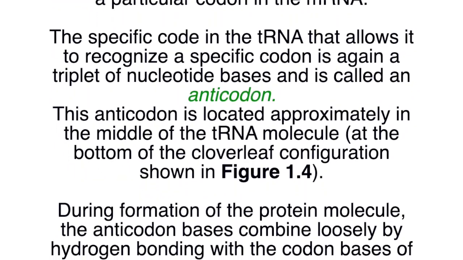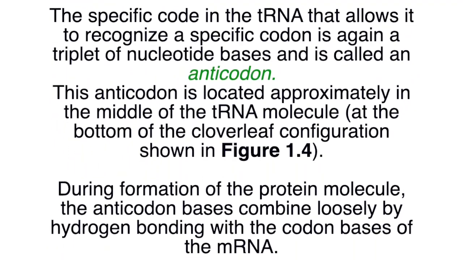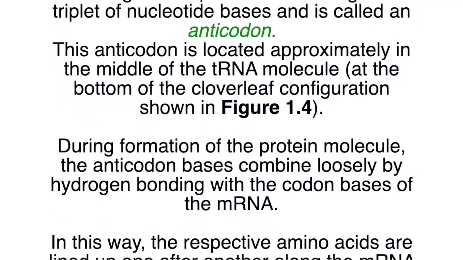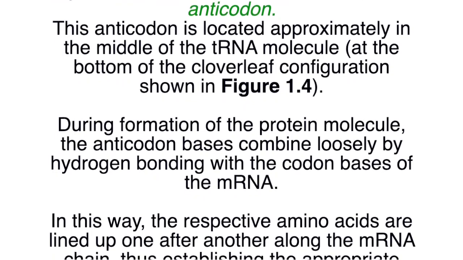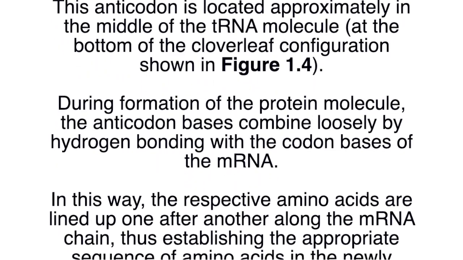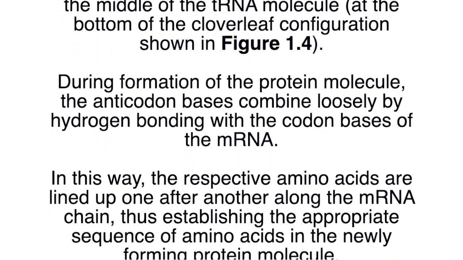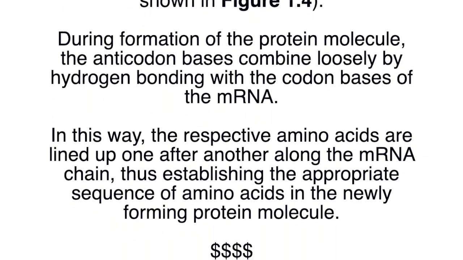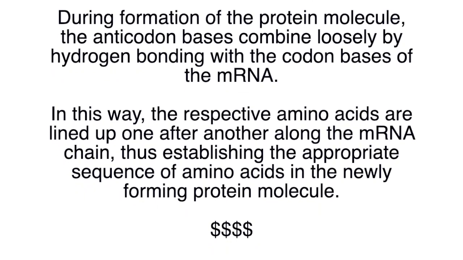The specific code in the tRNA that allows it to recognize a specific codon is again a triplet of nucleotide bases and is called an anticodon. This anticodon is located approximately in the middle of the tRNA molecule at the bottom of the cloverleaf configuration shown in figure 1.4.